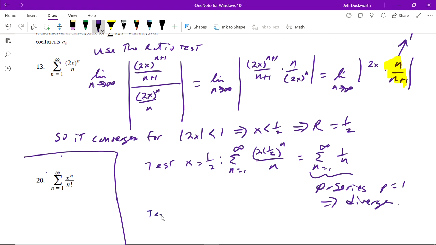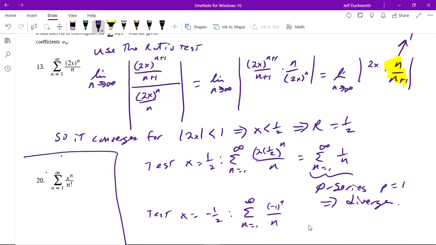Well, let's test x equals negative 1/2. We put in negative 1/2, and what we get is (-1)^n over n.